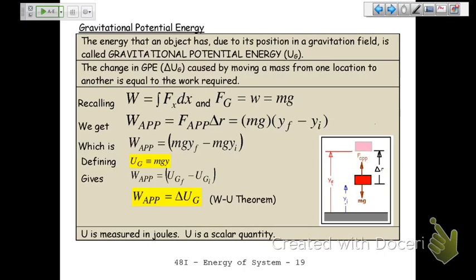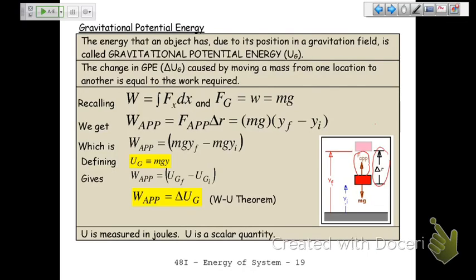F applied is upwards, and my displacement is upwards, so F applied times delta R. F applied is the same as mg, because we're basically in equilibrium. So that would be mg times my final height minus my initial height. And so work applied is equal to mg y_f minus mg y_i.